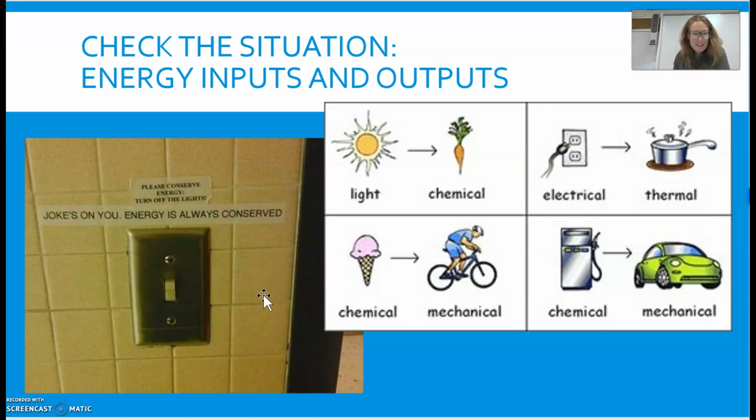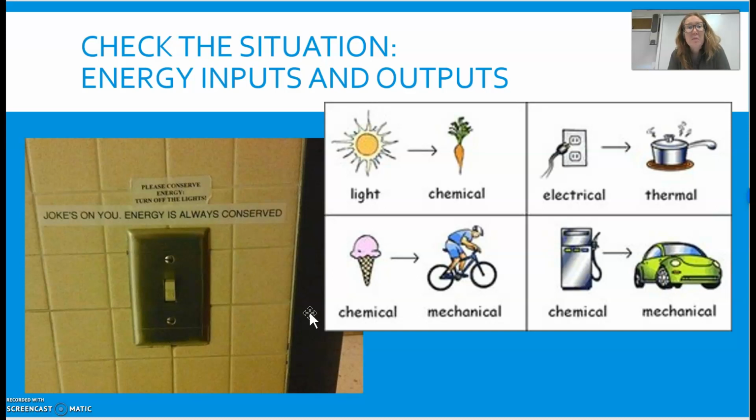And then somebody sassy says, energy's always conserved. Well, that's true for the universe as a whole. We're not creating nor destroying energy in the universe. But what is the point behind that little sticker, conserve energy?